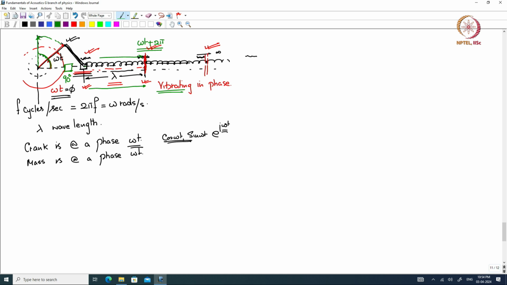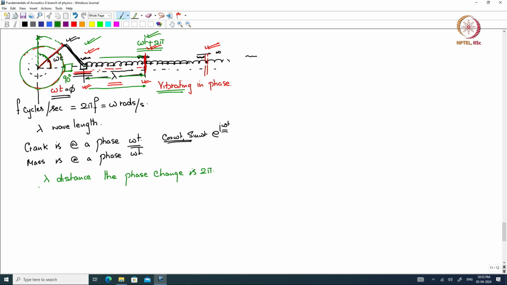Okay. So, now in lambda distance, the phase change is 2 pi. Okay. As the crank went through 2 pi radians, the information moved through lambda, so that these 2 points are moving in phase.